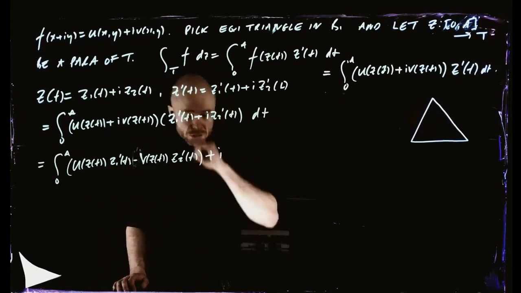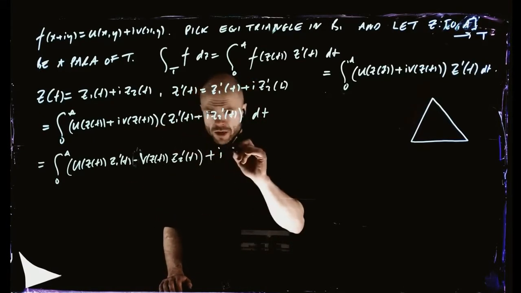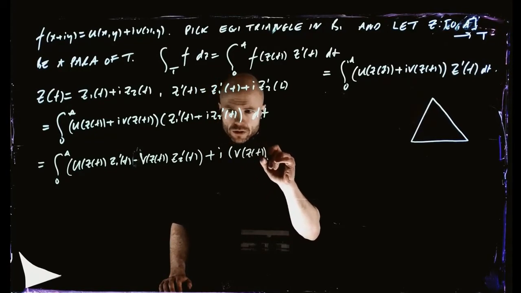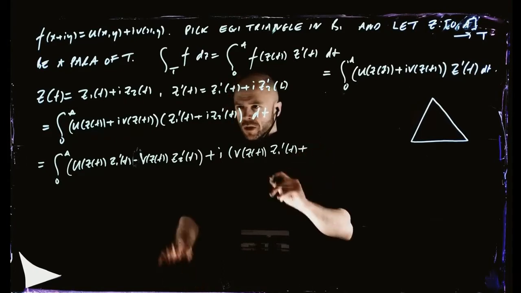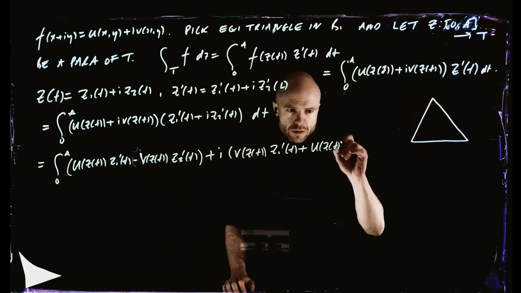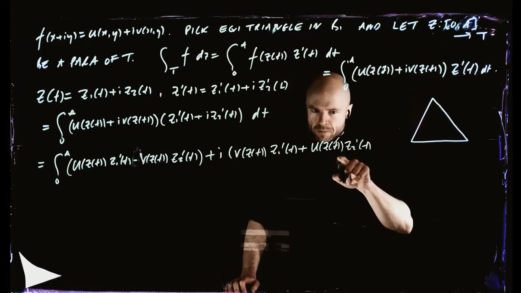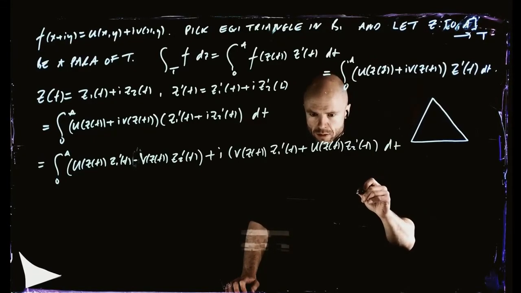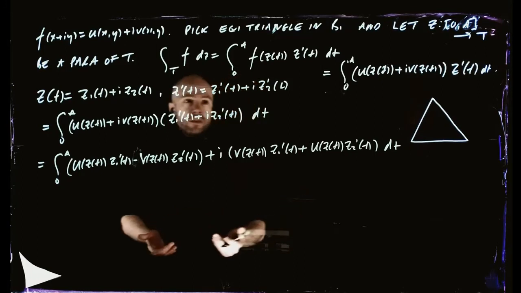And then we're going to have an imaginary part, v(z(t)) z1'(t), plus u(z(t)) z2'(t), dt. Yeah? And all this stuff is equal to 0 because that's the hypothesis, right?